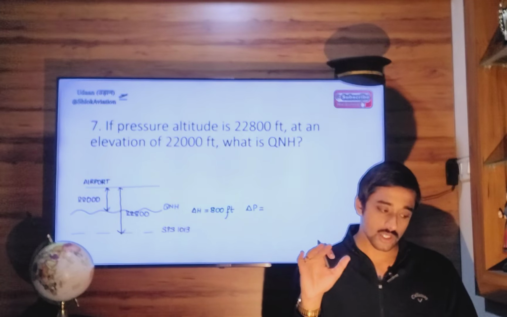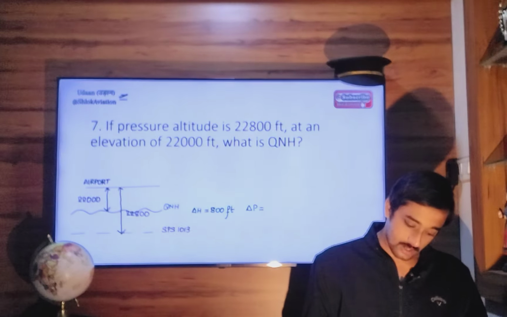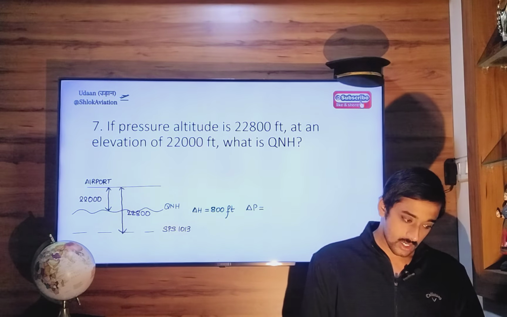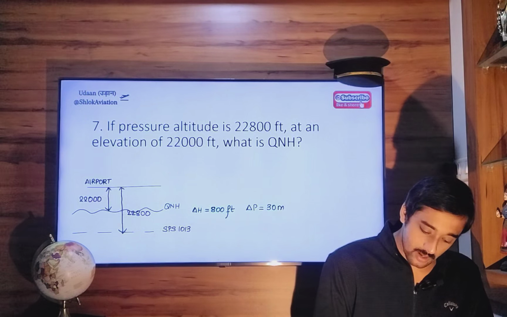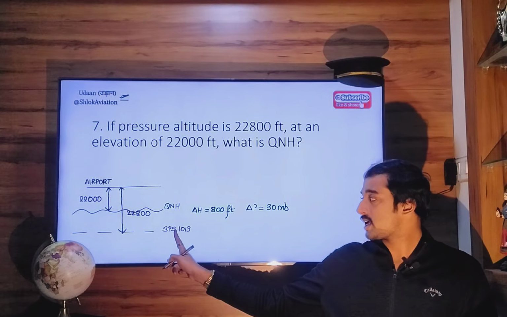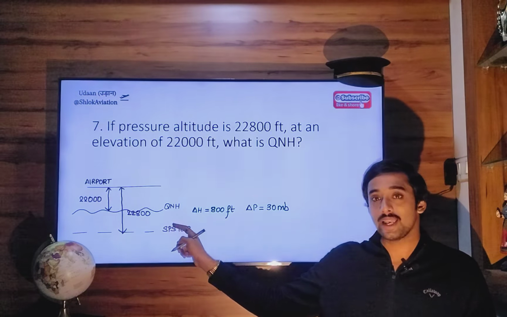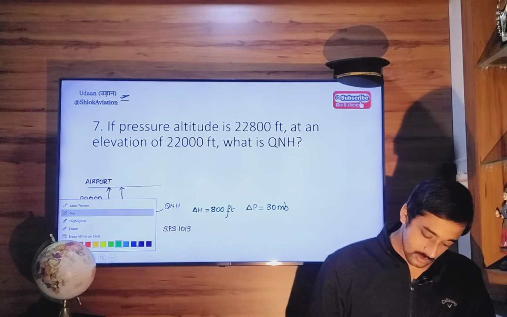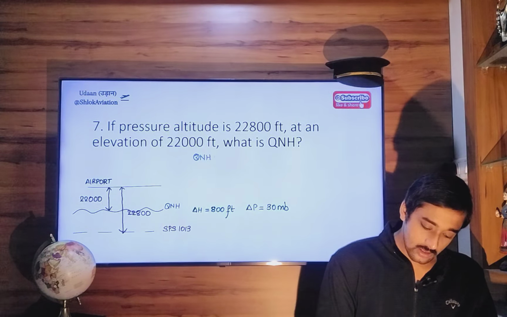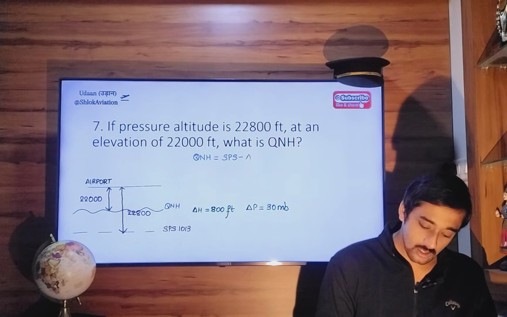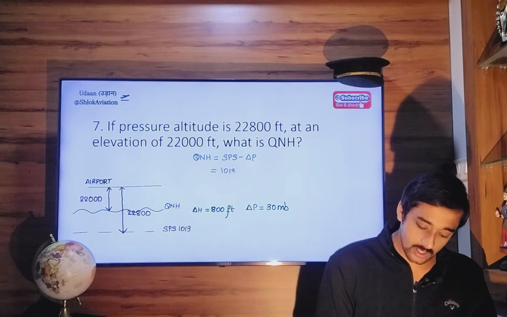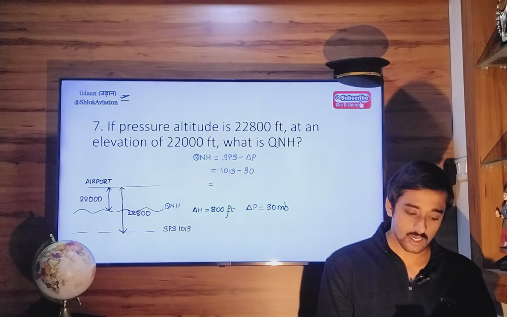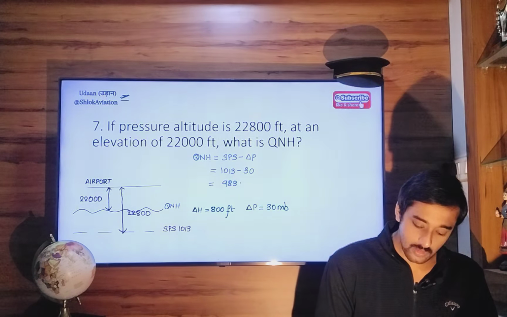So that is approximately 30 millibars. So the standard pressure setting is 1013. So QNH will be less than 1013 by 30 millibars. So QNH value equals standard pressure setting minus the pressure difference. So 1013 minus 30 is 983 millibars.